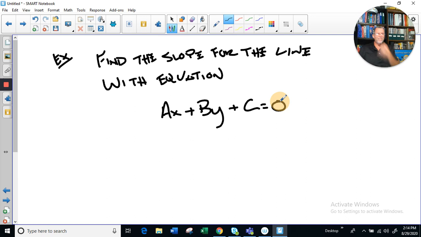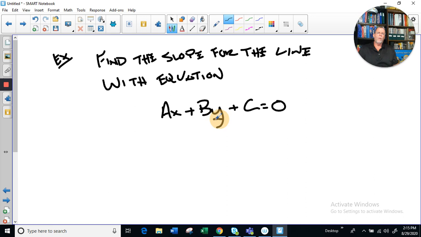So this is a standard form equation again, isn't it? This is our standard form equation where a, b, and c are constants, right? Could we solve for the slope of this? Well, yeah, it doesn't have to be a, b, and c. It could be s, u, and t. It could be anything. So let's do the same thing.